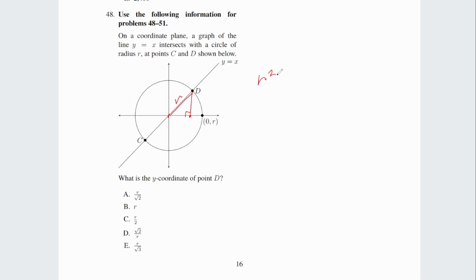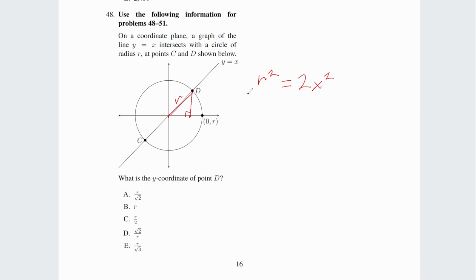So we have r squared equals a squared plus b squared. In this case they are going to be the same thing. So we have 2x squared, right? The x and y coordinates are going to be the same, and we'll use x for the x coordinate. So if r squared equals 2x squared, now we just need to solve for x.